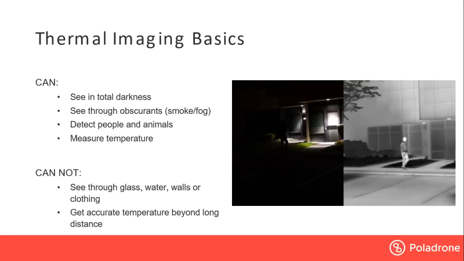But what it cannot do is see through glass, water, walls, or clothing. And it cannot give accurate temperatures over a long distance. If you have a long distance, the temperature might not be accurate in these situations.